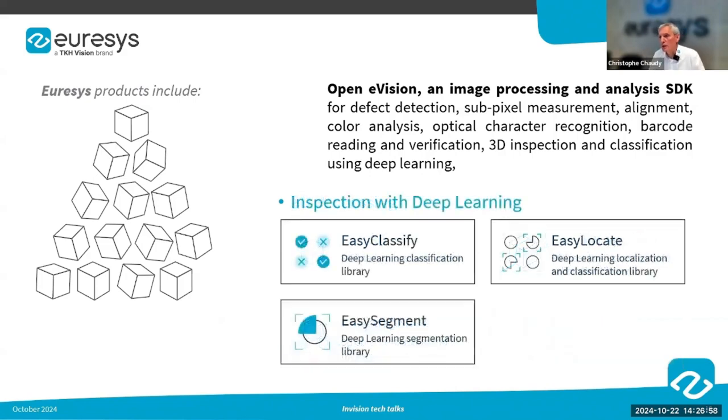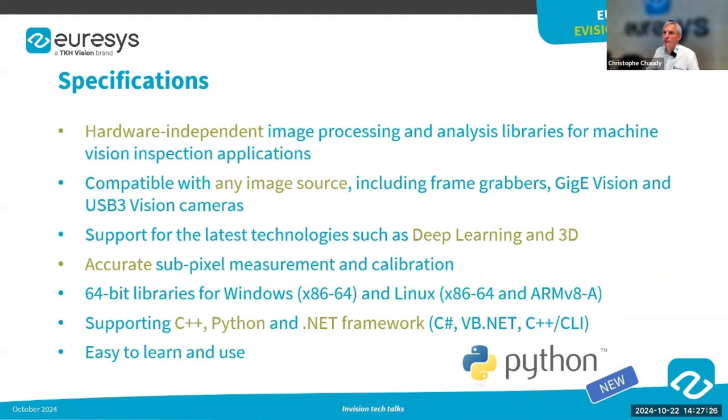And finally, we offer a range of deep learning-based libraries, so for image inspection using neural networks. So typically, we are able to classify images or to locate objects inside the image, or to perform semantic segmentation of objects in images. So that's for Open eVision.